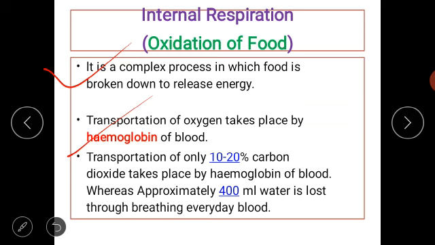Transportation of 10 to 20% of carbon dioxide also takes place by hemoglobin of the blood.